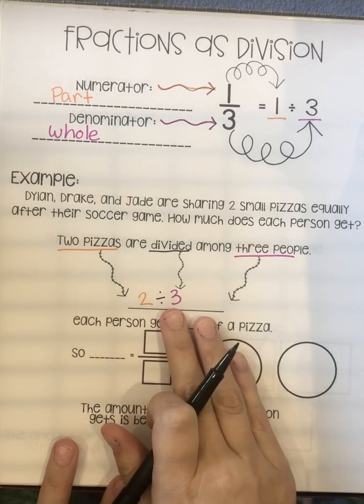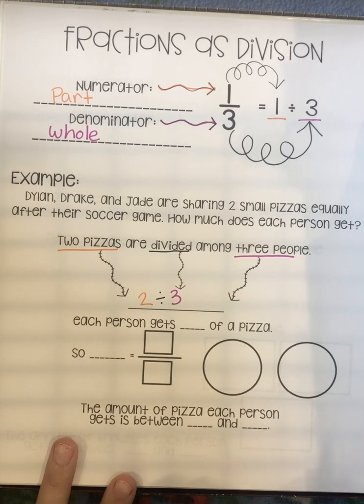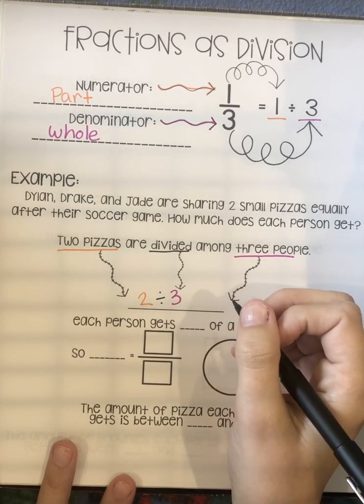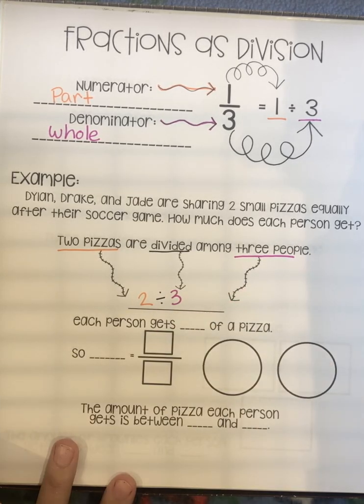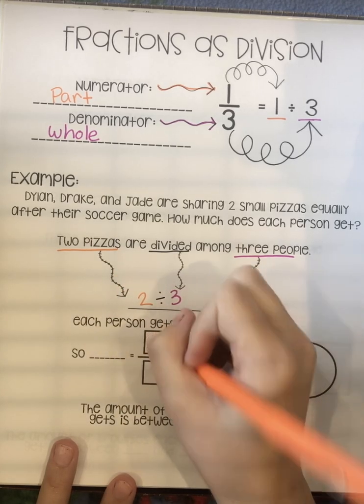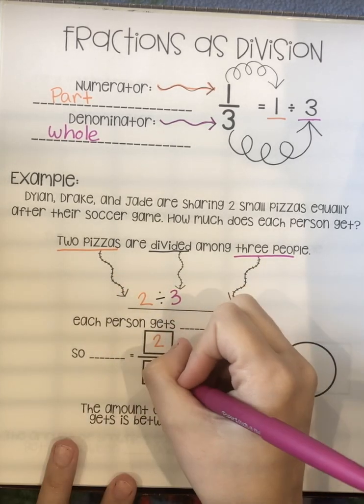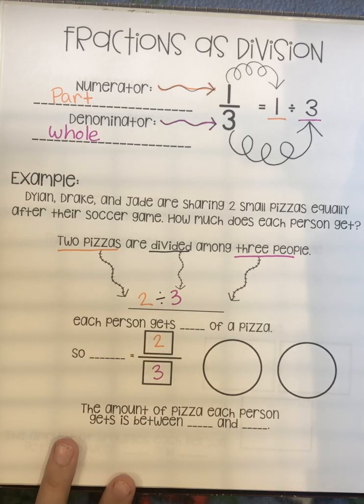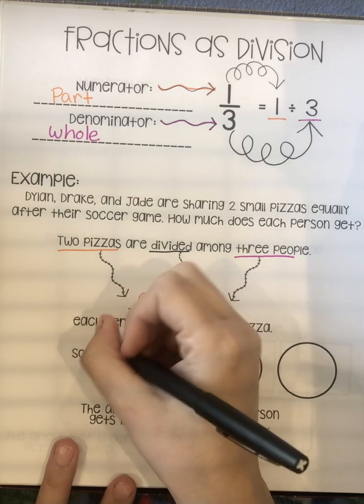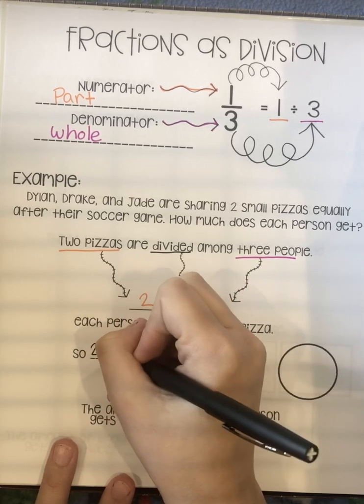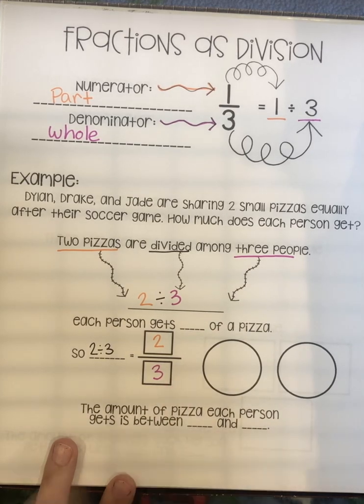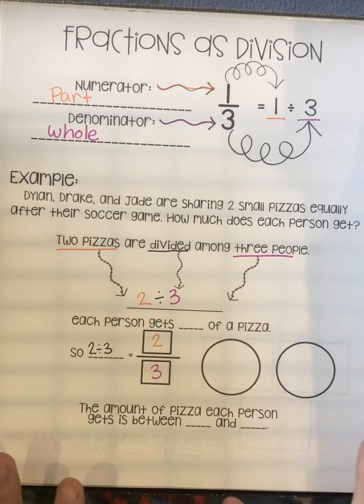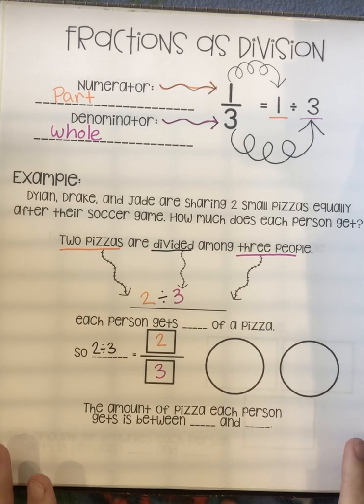So if we set this up as a division problem, or as a fraction, we would get 2/3. So that tells us that 2 divided by 3 is the same as 2/3. So each person is going to get 2/3 of a pizza.